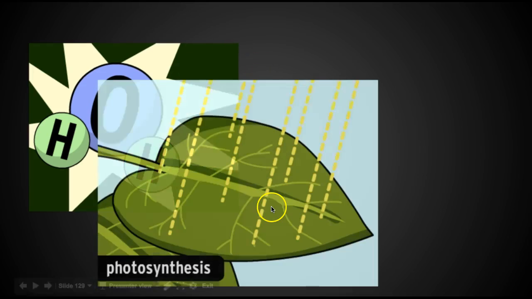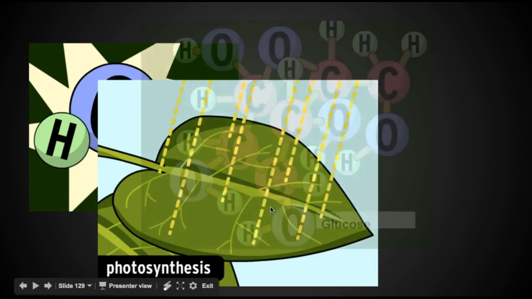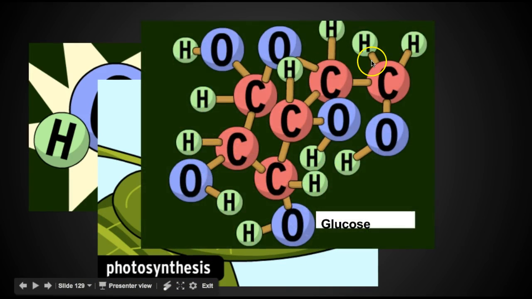Remember that water is two H's and one O, H2O, and then when light strikes it at the top of the leaves, the top of the cuticle, the water is broken apart and then rearranged. So here's some hydrogen and oxygen, but it rearranges with some carbon, creating a new structure called glucose, which is sugar.